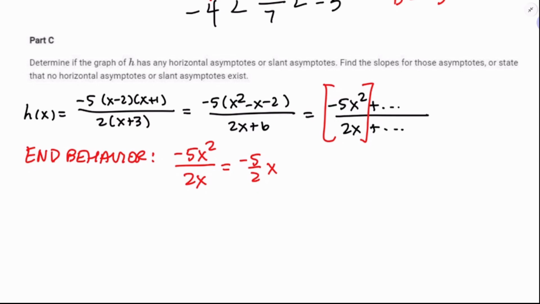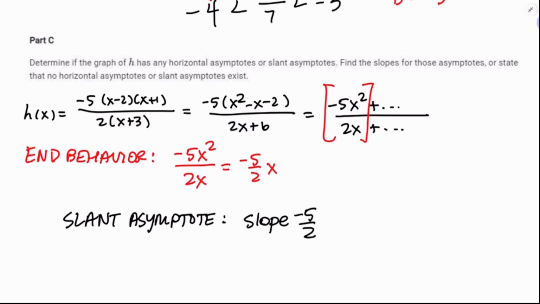Parallel lines have the same slope. Slant asymptote, hold on, what was I saying? Yeah, with a slope of -5/2. If I found that I had a horizontal asymptote, I would report that the slope was 0 because the slope of a horizontal line is 0.